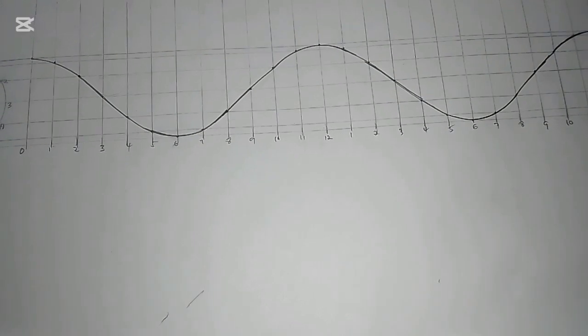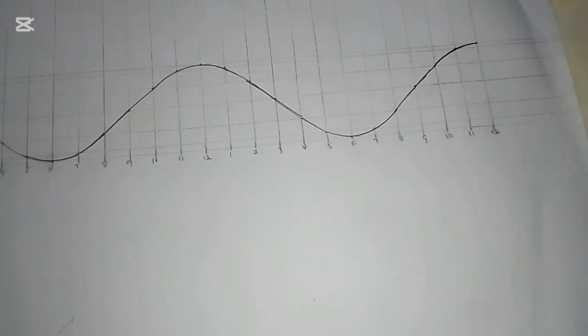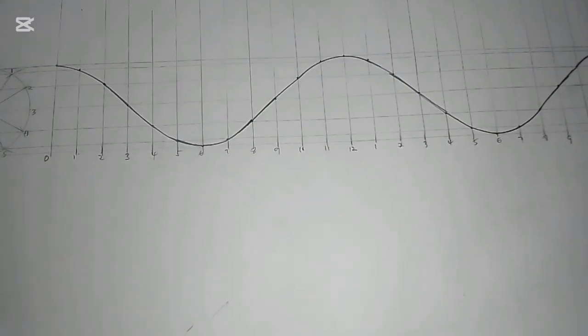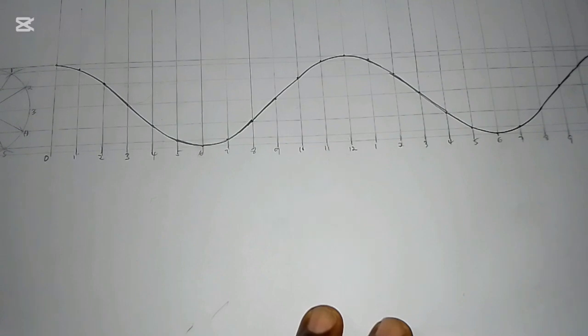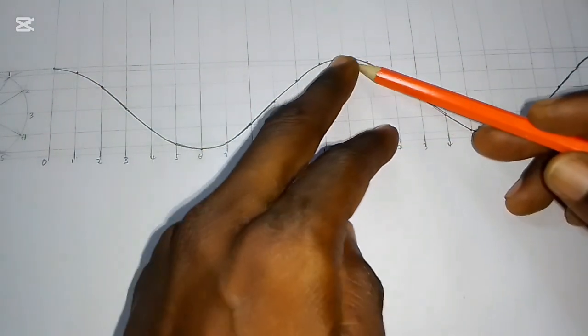Okay, so we have our curve drawn out this way now, as you can see. So this is a 2-turn helix because it is having 2 complete revolutions of the cylinder. So this is 1 complete revolution.